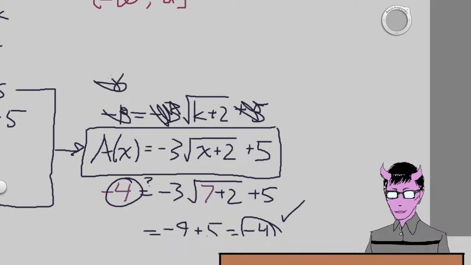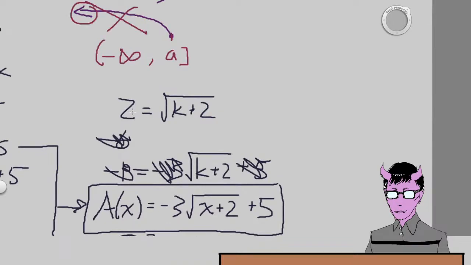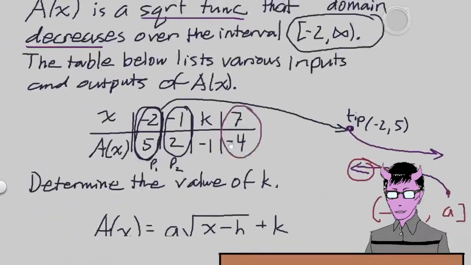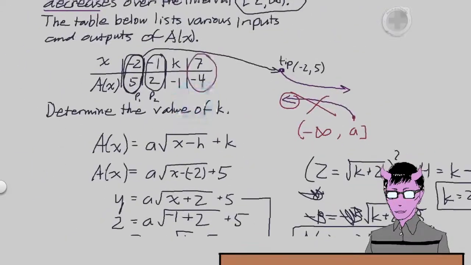Divide by negative 3, divide by negative 3. Square both sides of the equation. We're going to get 4 is equal to k plus 2. Subtract 2 from both sides. K is therefore equal to 2. And that should be good. So determine the value of k. K is equal to 2.